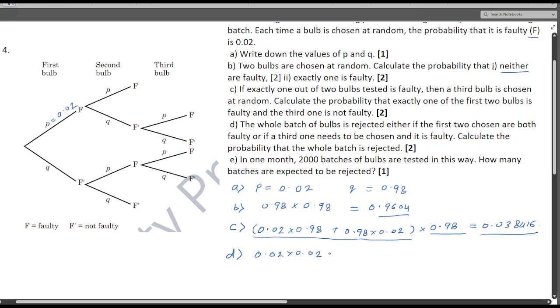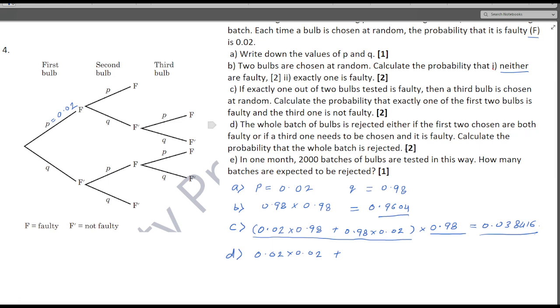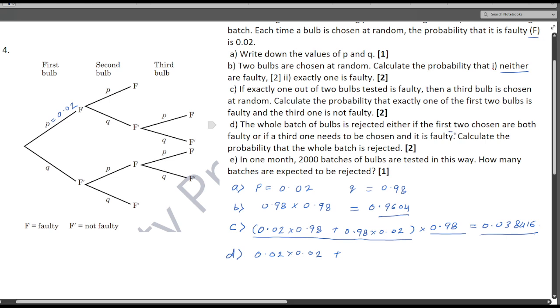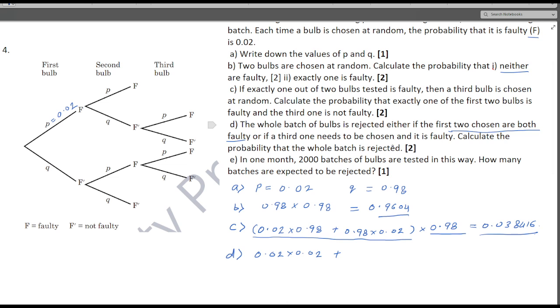If this condition happens, then we reject our batch. Or if a third one needs to be chosen: when exactly one of the two is faulty, then we are choosing the third, as indicated in part C. The third is chosen and it is faulty.